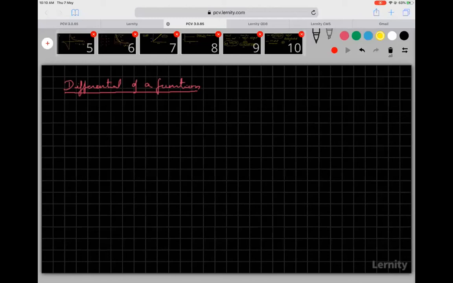If somebody asks you to do a differential of a function, you perform the operation f of x plus h minus f of x by h, limit h tending to 0. If you perform this operation on x, you will get 1. On x square, you will get 2x.